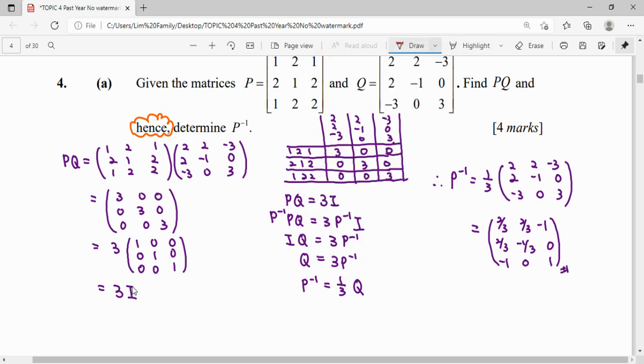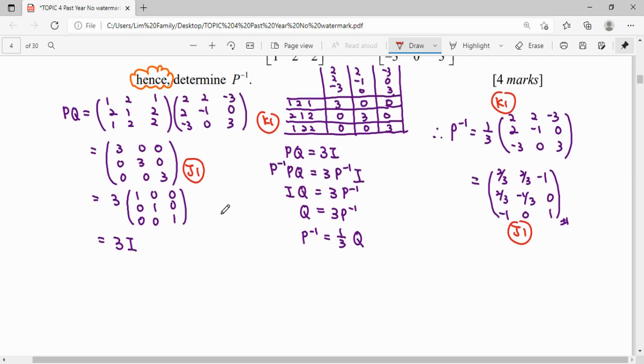Our concept here is first the multiplication concept to get this answer, and then from the answer we use the identity and plug in our Q. So that is the first part of question 4, part A.